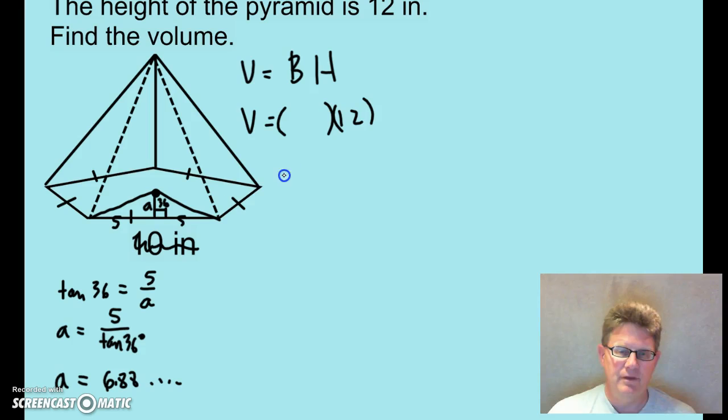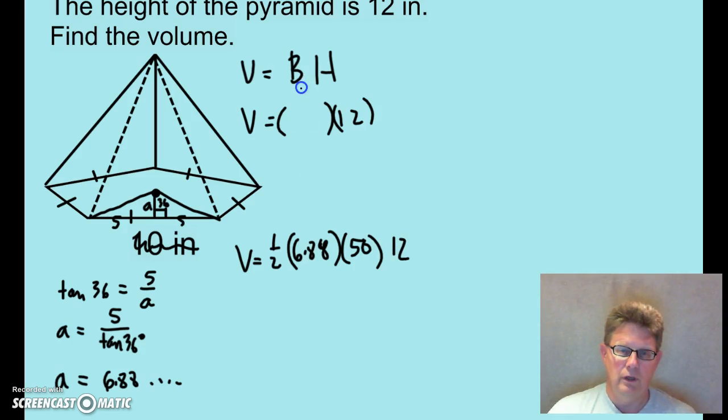So now we know what the apothem is, so volume equals 1/3 times the area of the base, which is 1/2 the apothem, 6.88, times the perimeter of this pentagon, each side is 10, so the perimeter is 50, and the height of this pyramid is 12.